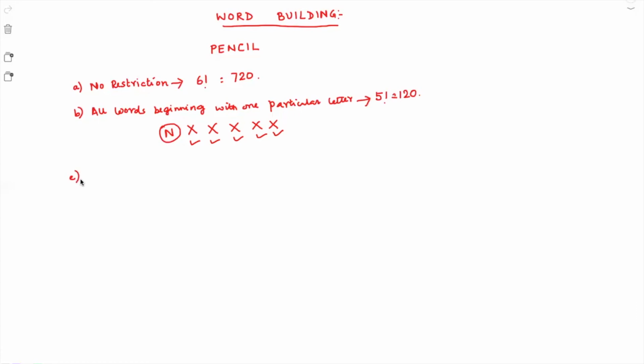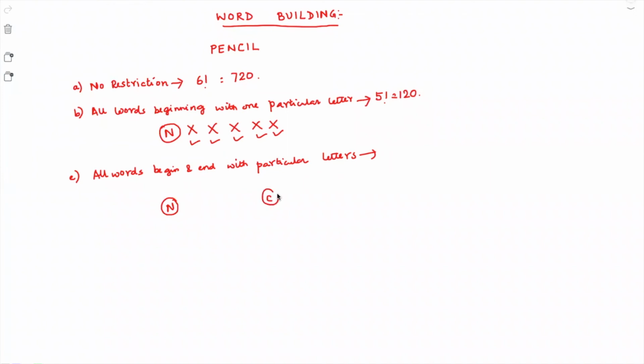Third case, all words begin and end with particular letters. Suppose we are considering N and C as the 2 letters with which the word is beginning or ending.